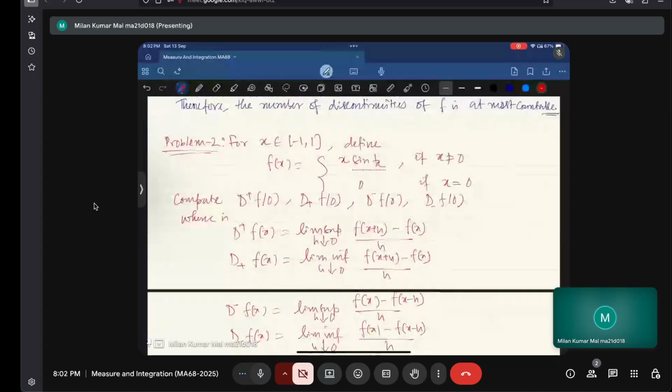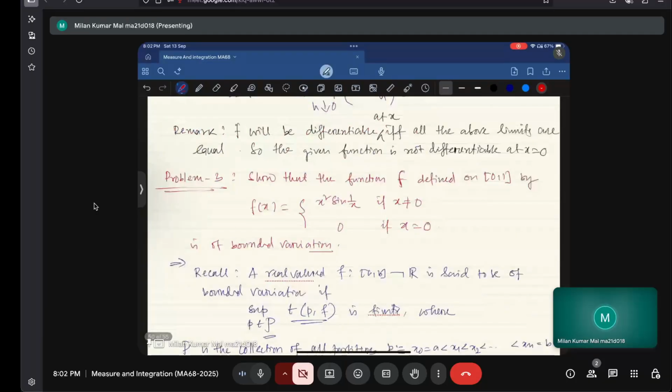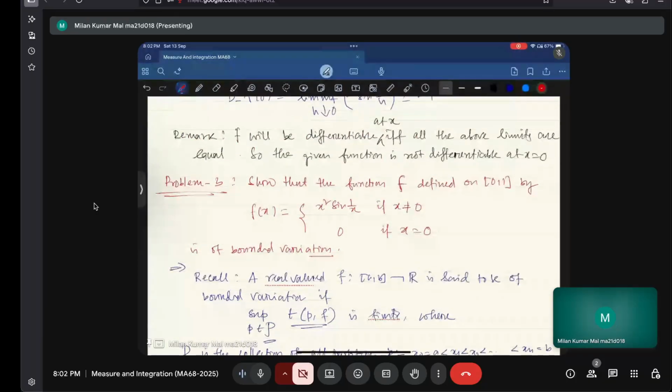Then we were given a function, and for that we computed the d sub plus f, d super plus f, d super minus f, and d sub minus f. Next we gave a function which is of bounded variation.